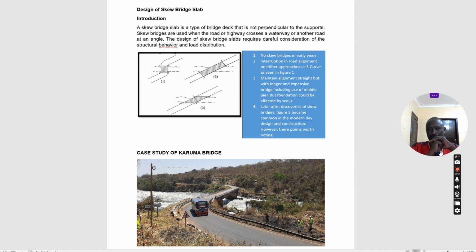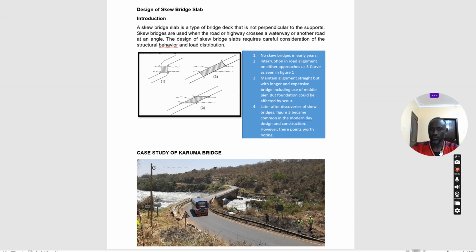Now, I just wanted to look at skew bridges. I know every time you are faced with a skew bridge or box culvert, there are so many questions that come to your mind. So in the introduction, a skew bridge slab is a type of bridge deck that is not perpendicular to the support system.